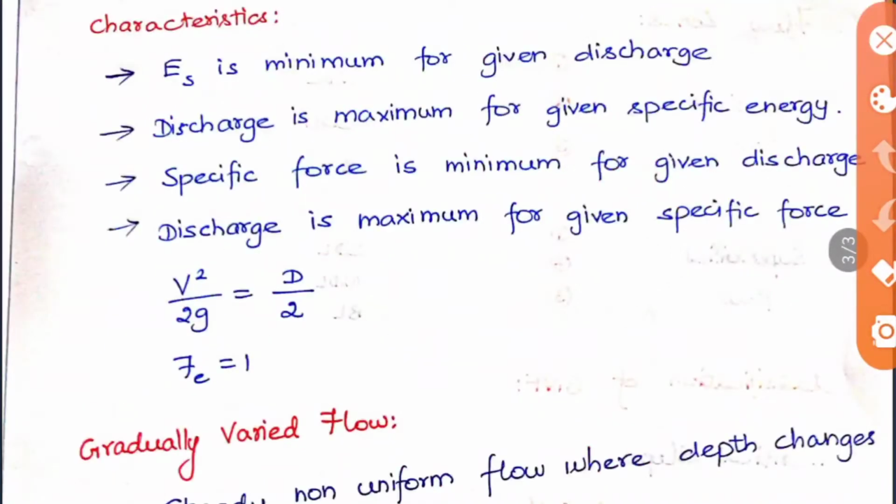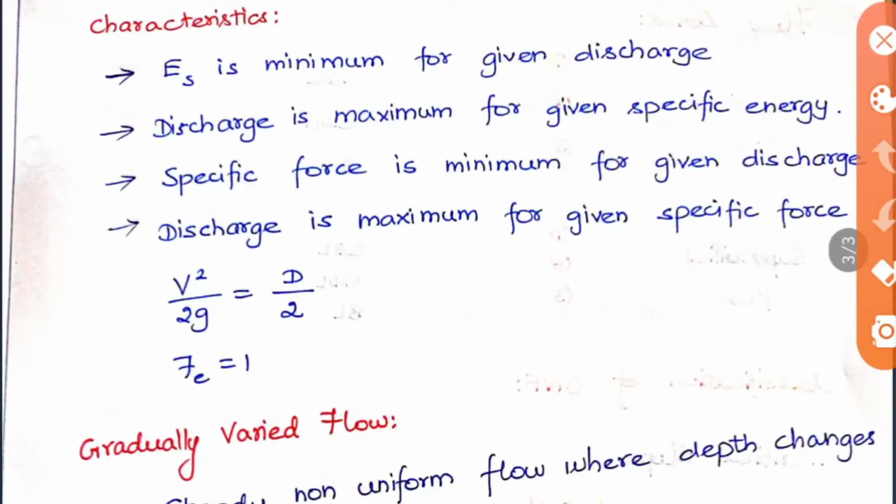And the final characteristics of this whole specific energy curve in the critical state, because these conditions we derived from the critical flow. The critical state of flow has a conclusion like this: Es is minimum for a given discharge, that is, the specific energy is minimum for a given discharge, and the discharge is maximum for a given specific energy.